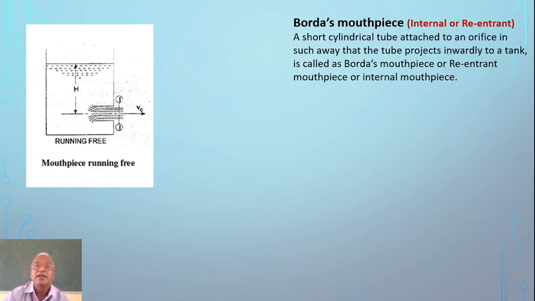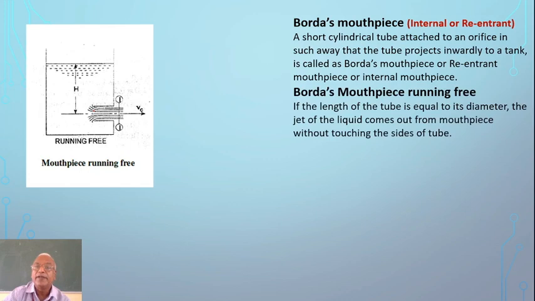If the length of the tube is equal to its diameter, the jet of liquid comes out from the mouthpiece without touching the sides of the tube. You can see it here in the figure. So it is running free.